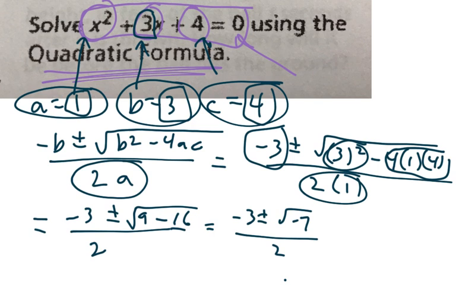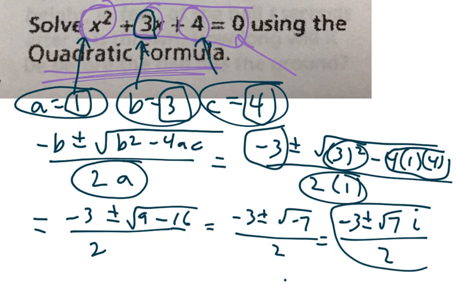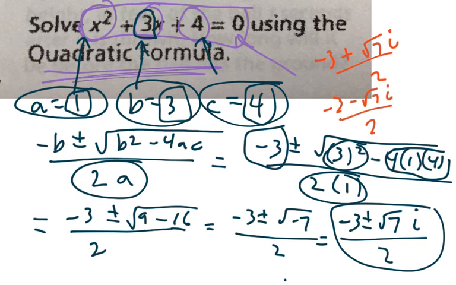That is imaginary. So our final answer here, guys, is negative 3 plus or minus square root of 7i over 2, which also could be written as negative 3 plus square root of 7i over 2, and negative 3 minus square root of 7i over 2.